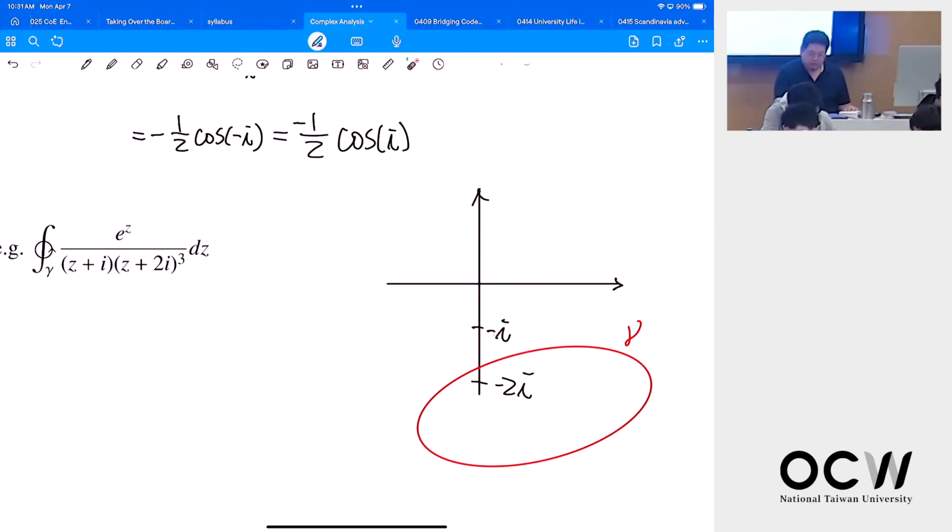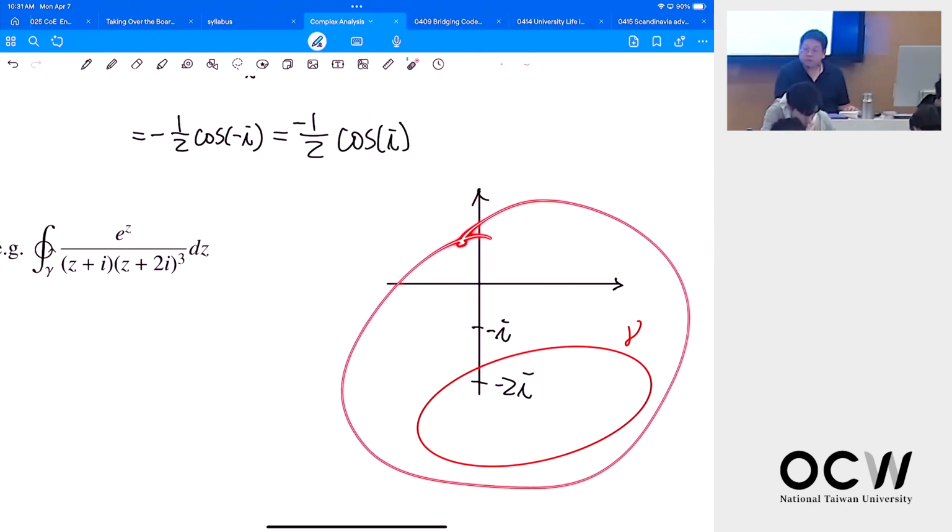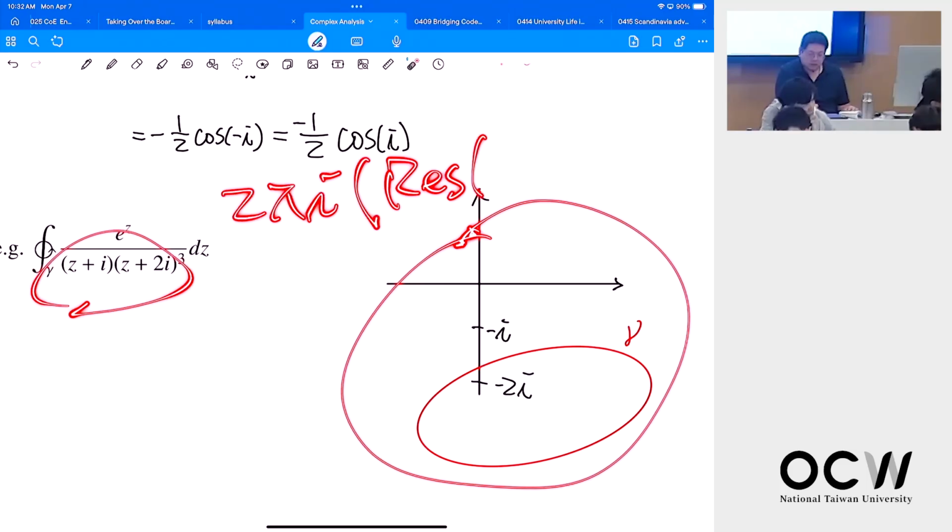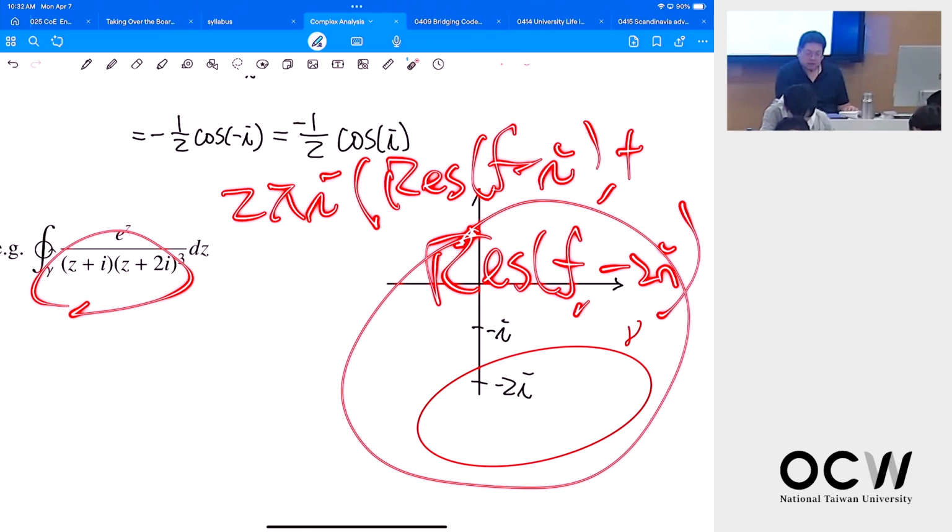If I have a closed curve including minus i and minus 2i, then my answer will be 2 pi i times the residue at minus i, and I also need to consider the residue at minus 2i. Right?